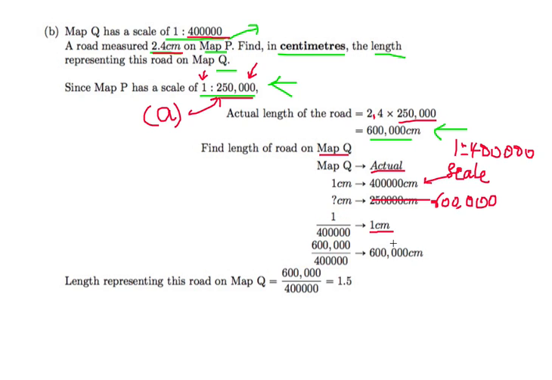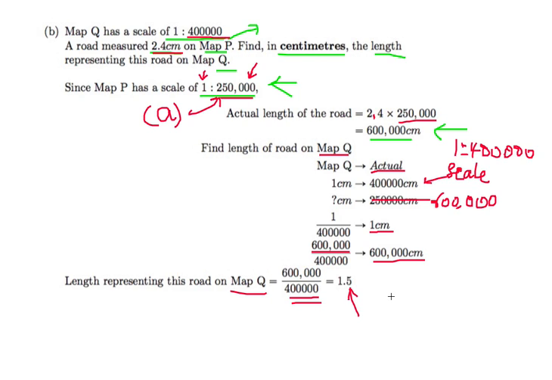Therefore 600,000 centimeters is equal to 600,000 divided by 400,000, or you can think of it as 600,000 times 1/400,000. So the length on map Q is this. After you work it out, you get this.